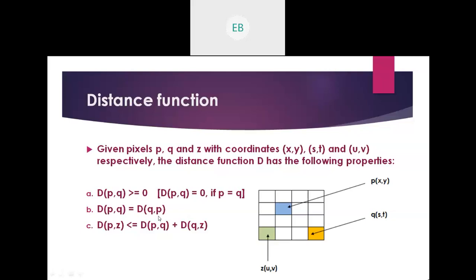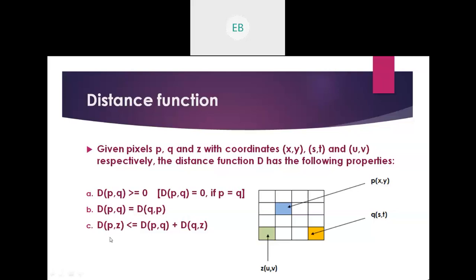The second property mentions that the distance between the pixels p and q is equal to the distance between q and p. That is very obvious, the distance between these two pixels has to be the same.